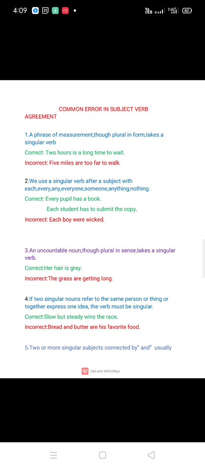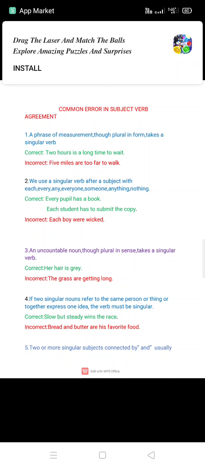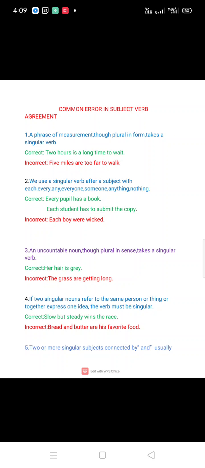Okay, each is used before boy, and that's why singular verb should be used, was. Each boy was wicked. Very simple.